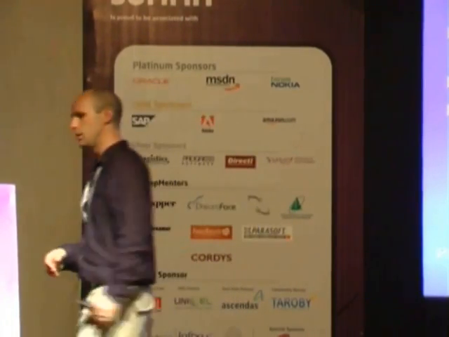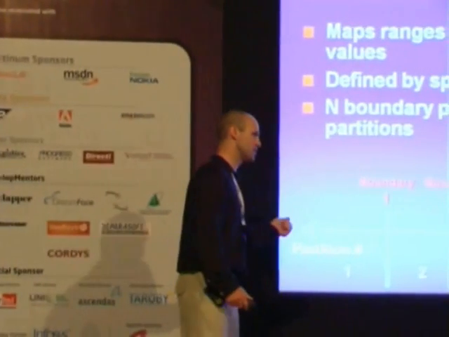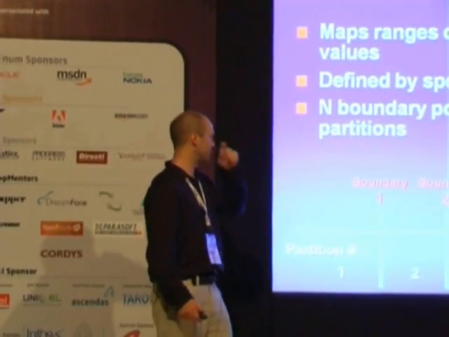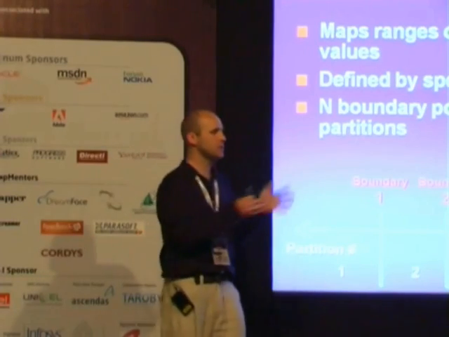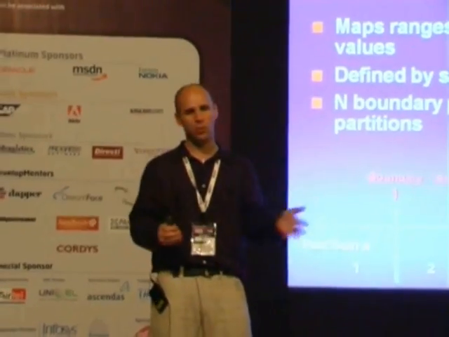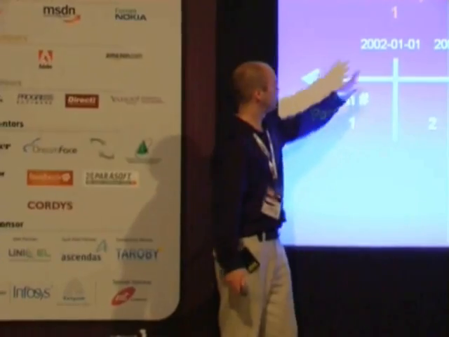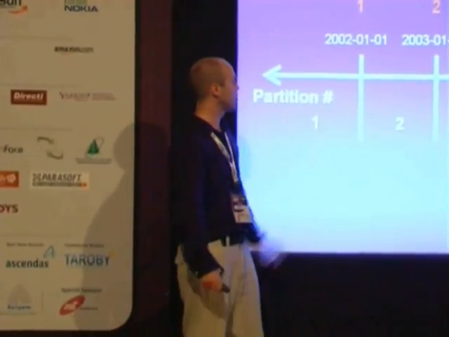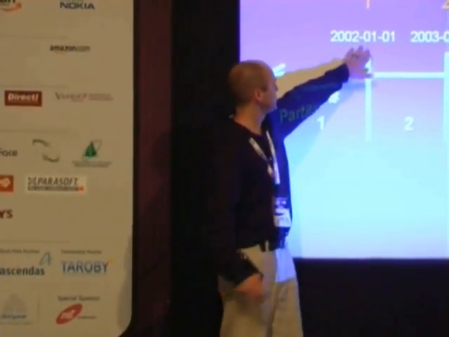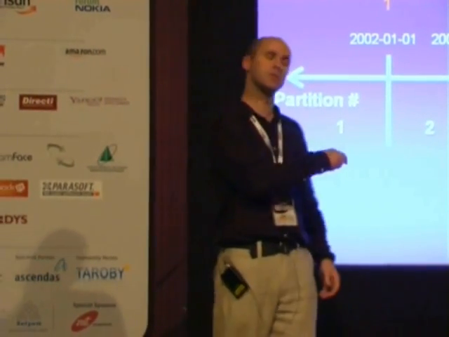I'm going to cruise through these because we're going to talk about them a bit in the demos. Some of the basic objects that you will work with when using partition tables and indexes in SQL Server are partition functions, which basically define the boundary points, or where you want partitions to start and or end. For example, if you were using a datetime to partition your objects on, you specify January 1st, 2002, January 1st, 2003, January 1st, 2004.